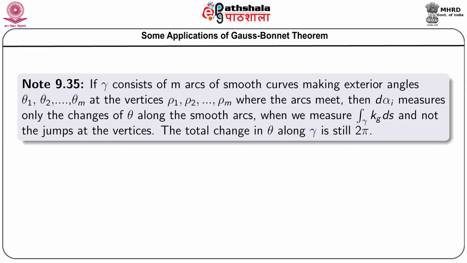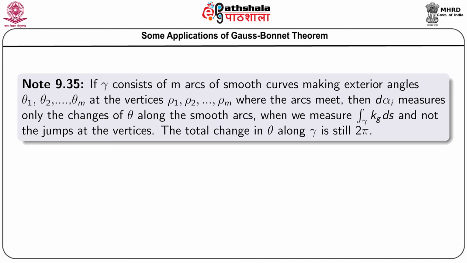So, actually this is the main portion of what we have obtained in the Gauss-Bonnet theorem, and this can be visualized by the picture given in our previous module. So, there are m arcs, s_1, s_2, s_m, that constitute gamma, and they are making exterior angles theta 1, theta 2, theta m at the different vertices rho 1, rho 2, rho m.